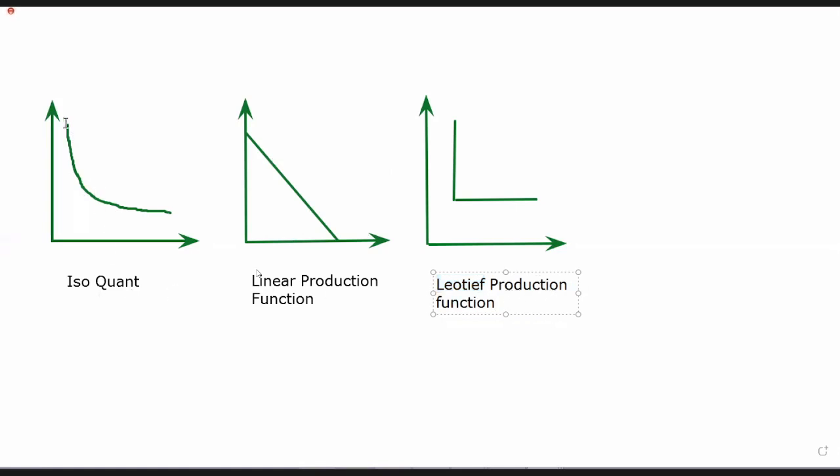So by basing on the shape of this curve, tell me, what is the shape? This is linear, but this is a non-linear production function. So we can tell that this is a non-linear production function.